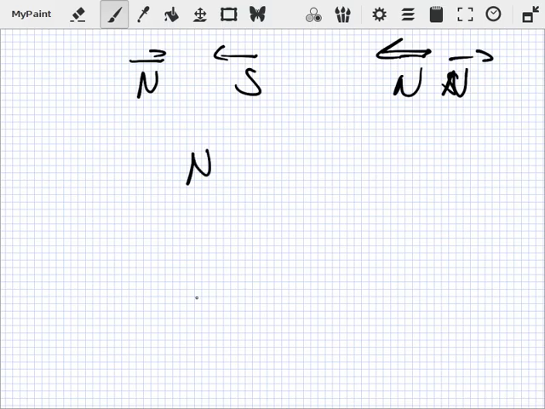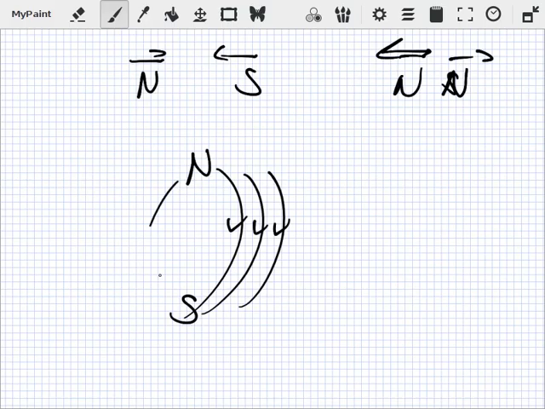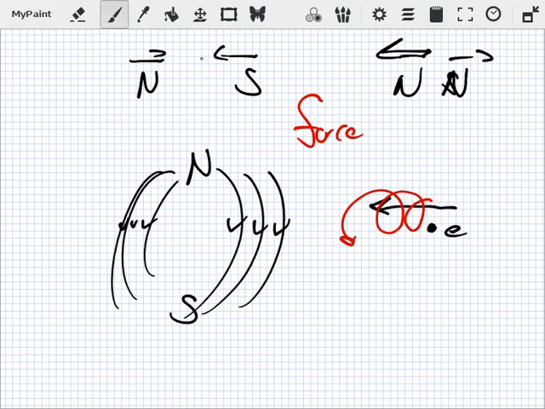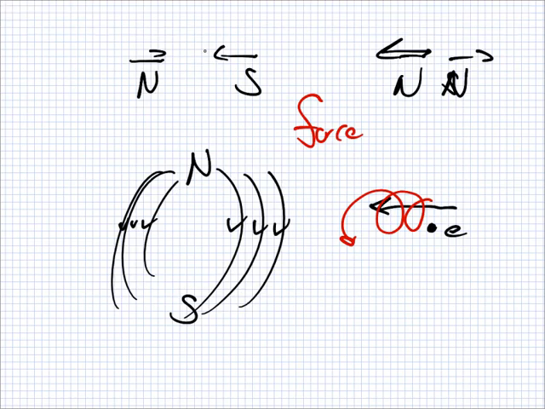So if you have a magnetic field, north-south, and here is an electron, and the electron is moving along, because the electron has a charge, it will produce a magnetic field around itself as it moves. So what happens when you have two magnets together? You get a force. The force can pull them together, or the force can push them away, but you still get a force. So the question is, how big will this force be?